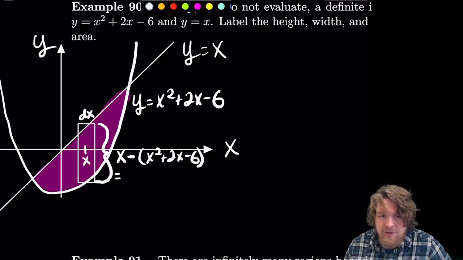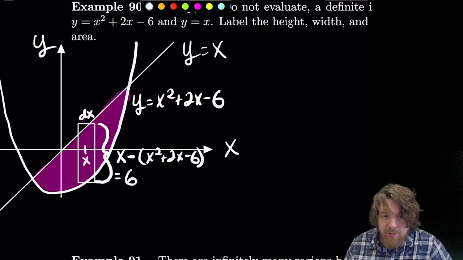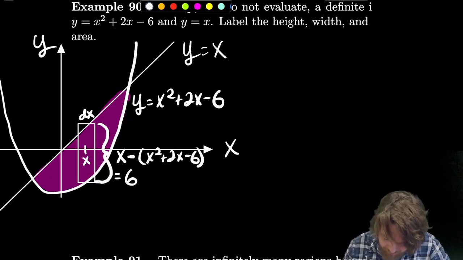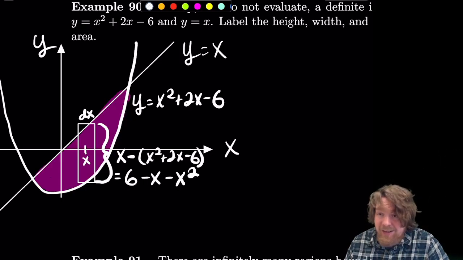So we have x minus x squared minus 2x plus 6. So we will have a 6 that is positive. We'll have a minus 2x plus x, so we'll have a minus x, and we'll have a minus x squared. So that right there is going to be the height of my representative element of area.